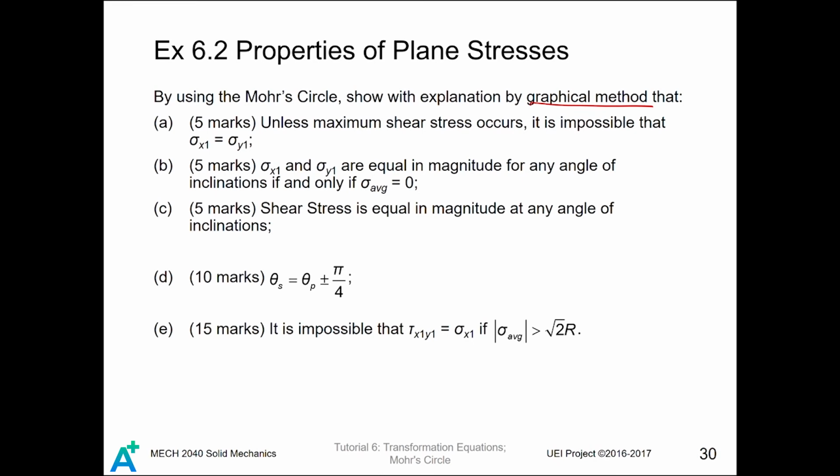Sigma x1 and sigma y1 are equal in magnitude for any angle of inclination if and only if sigma average equals 0. Shear stress is equal in magnitude at any angle of inclination, theta s equals theta p plus or minus pi divided by 4. It is impossible that tau x1 y1 equals sigma x1 if the magnitude of the average direct stress is larger than square root 2 of r.